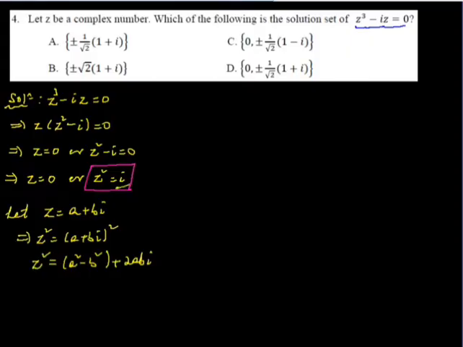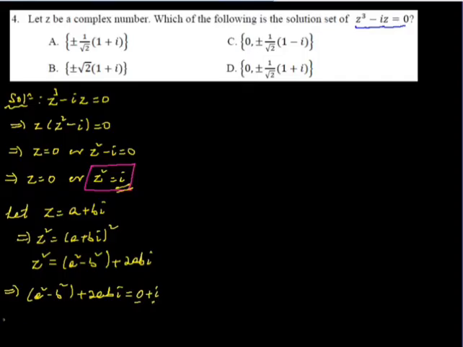Now z square is exactly the same as i, so this implies a square minus b square plus 2abi equals i. i means 0 plus i. Okay, the real part is 0 and the imaginary part is 1.